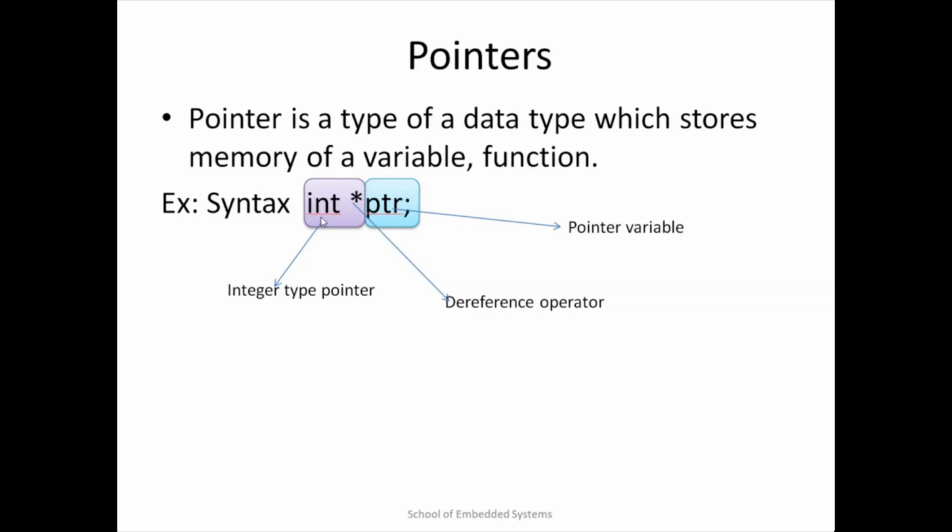When I use this one statement, int *ptr, I am just defining a pointer variable. It is not pointing to any address yet. That we'll see in the slide below, how to do it. So this is the basic syntax: int *ptr.